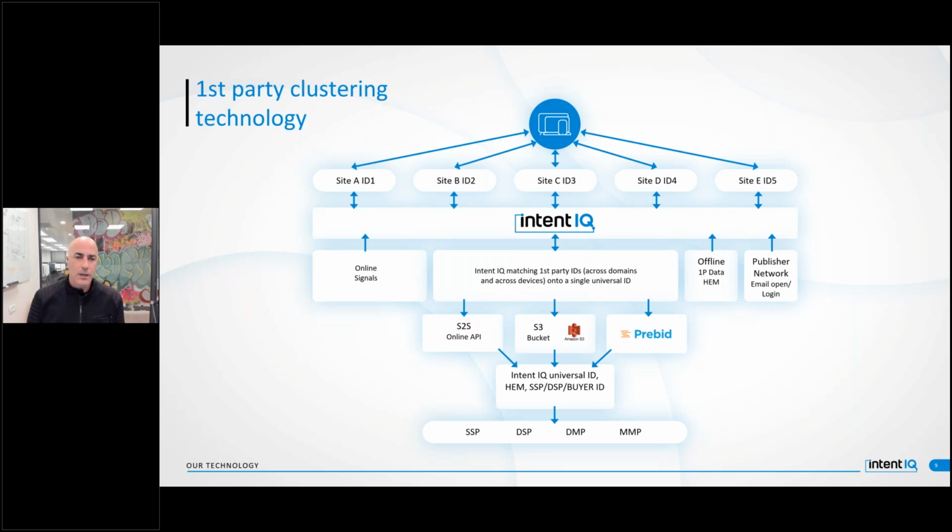lack of adoption in terms of your user being able to authenticate from every device each and every time. So IntentIQ is presenting to the world what we call first-party clustering technology. As you know, in the previous section of the devices and the graph and the identity and those layers, there was a device level. So I'm going to focus just on that one.